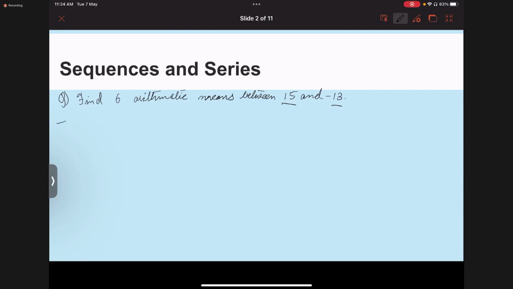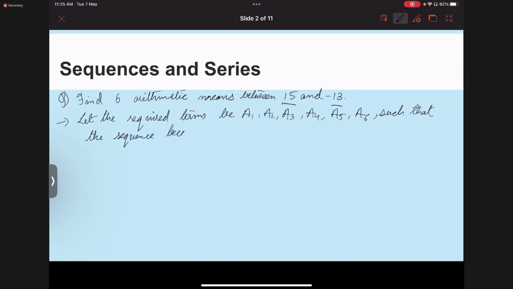Okay, so let the required terms be A1, A2, A3, A4, A5, and A6, such that the sequence will become 15, A1, A2, A3, A4, A5, A6, and minus 13.